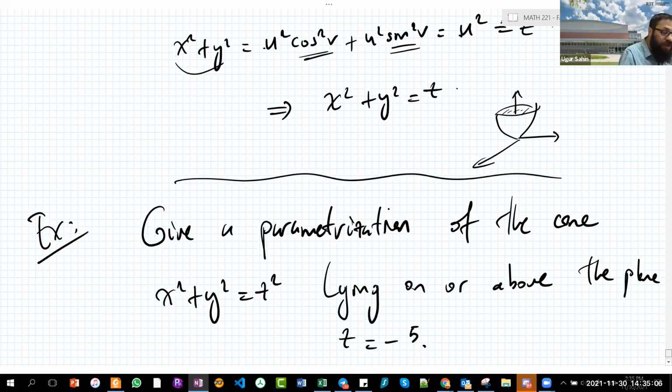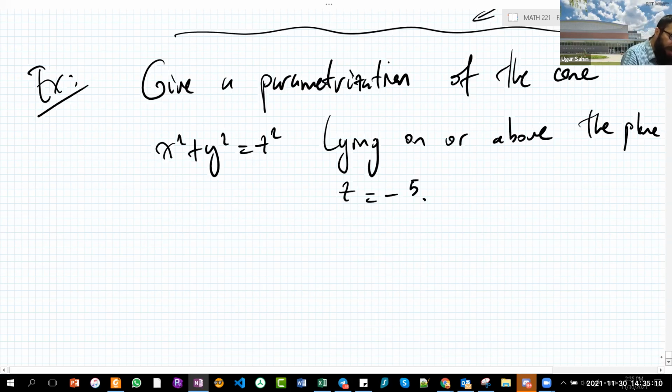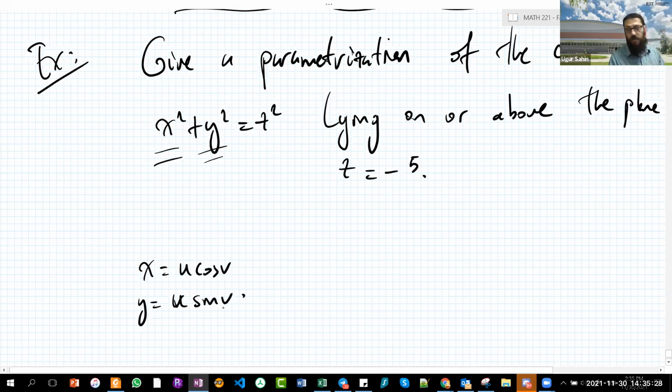Can I use the similar parameterization I used for the previous example? Why not? Whenever you see x squared plus y squared, you need to know that there's a circle there. If you have the circle, you can always use this parameterization, x equals u cosine v, y equals u sine v. Did you see? All right.